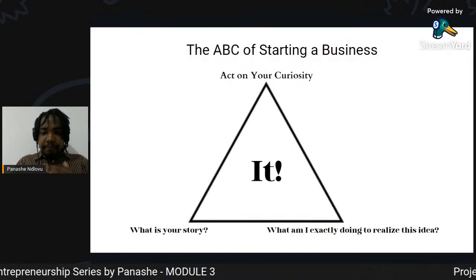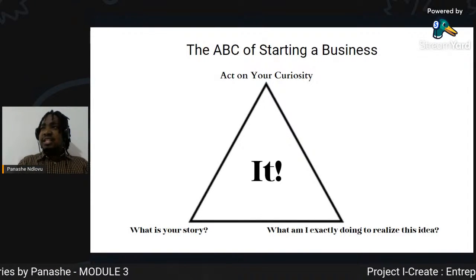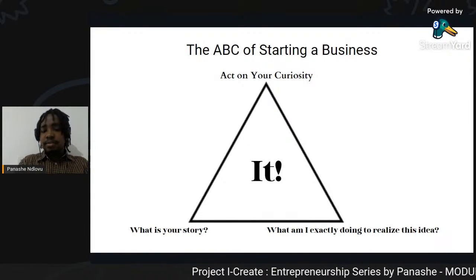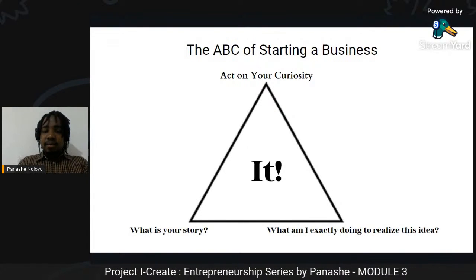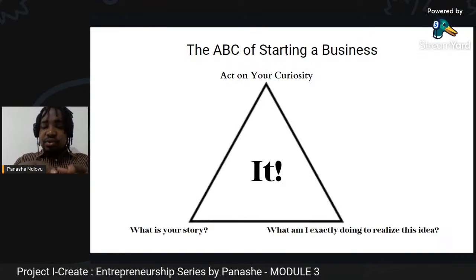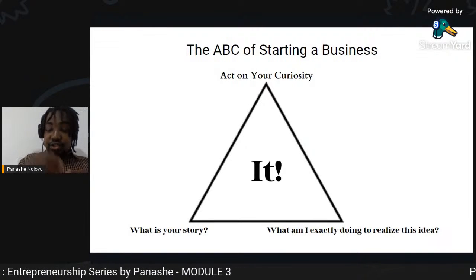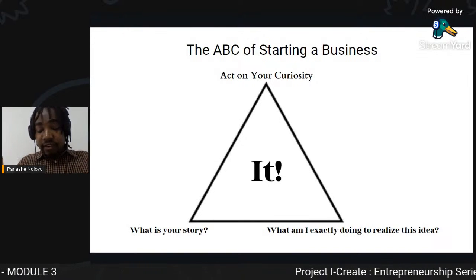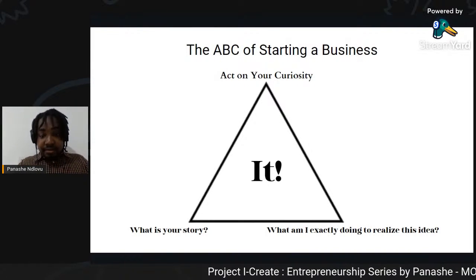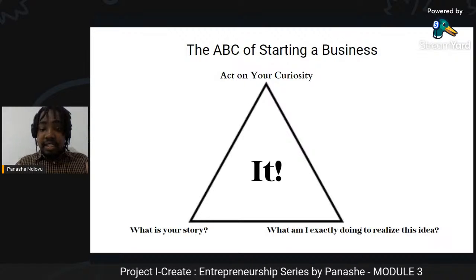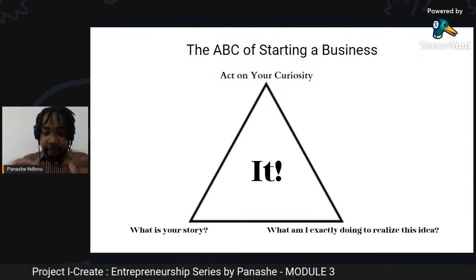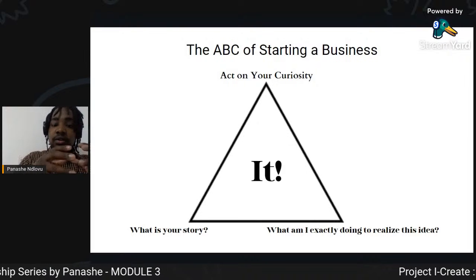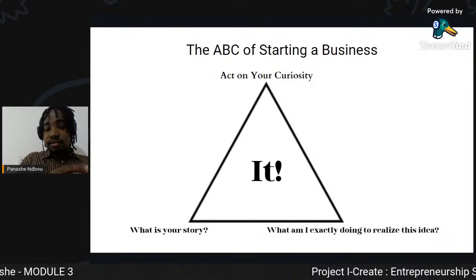So let's talk a bit about curiosity. Why is curiosity important when it comes to starting a business, when it comes to starting an entity? Well, if you focus on the excitement, joy, and the realization of your different values on a personal level as an entrepreneur, it's easy to sustain the business, and grow it, all while generating profit, right?